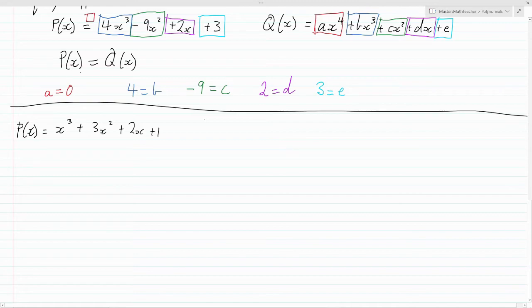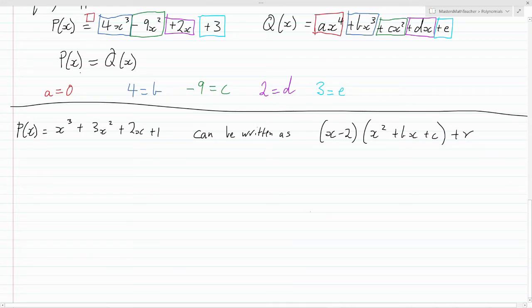Now the question has said that this can be written as x minus 2, brackets, x squared plus bx plus c, with a plus r out the back.